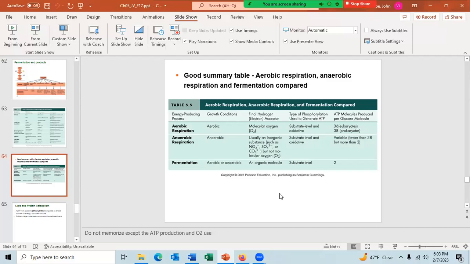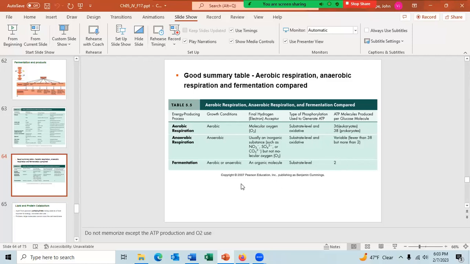Anaerobic respiration differs. It does have the preparatory step, the Krebs cycle, and glycolysis, as well as an electron transport chain. But this electron transport chain is different. For one thing, it's shorter, has fewer proteins in it. And then the production of ATP can vary. It can be anywhere between 2 and 38 molecules of ATP.